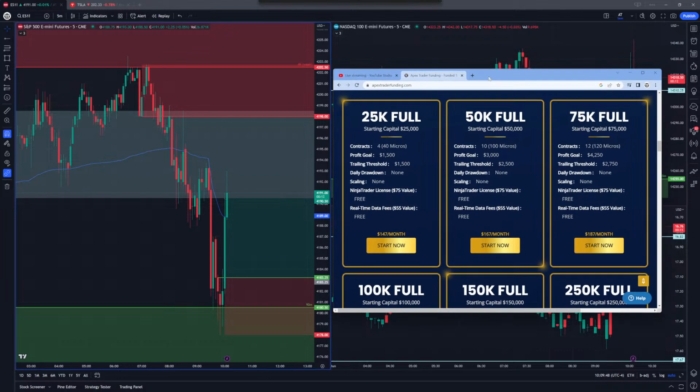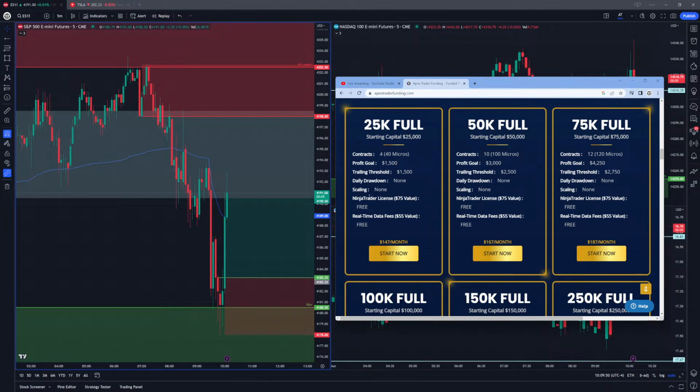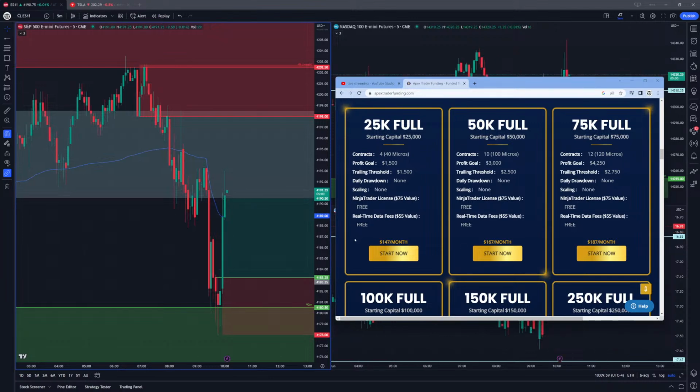Please pay the one-time lifetime fee for this account of $150. So you pay the $150. They give you basically a new eval account, but this one they call a PA account, price action I would assume, account. And what it does then is reset you back to 25K.